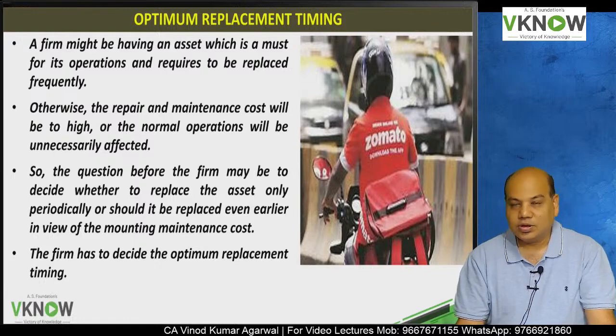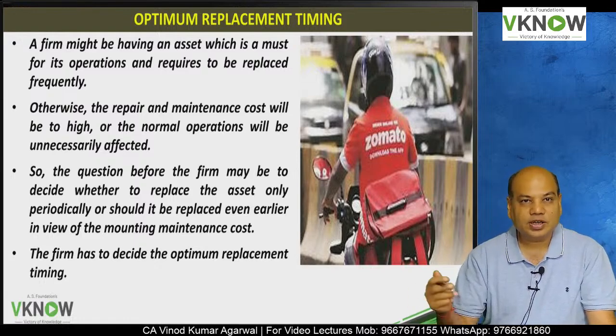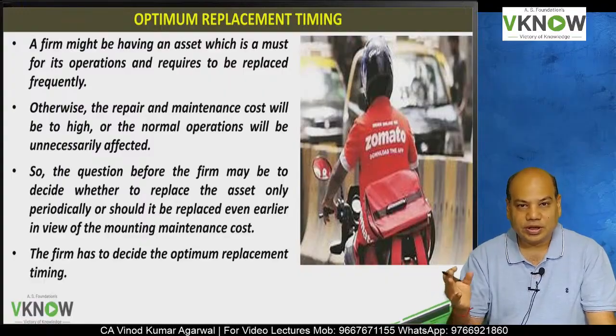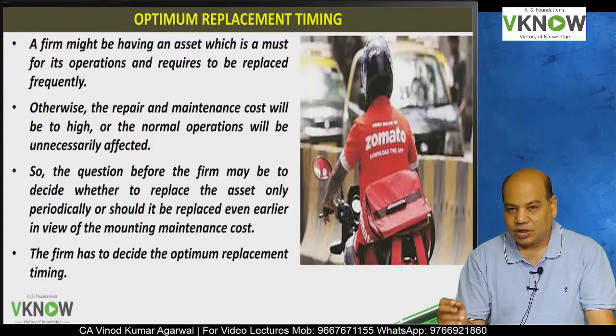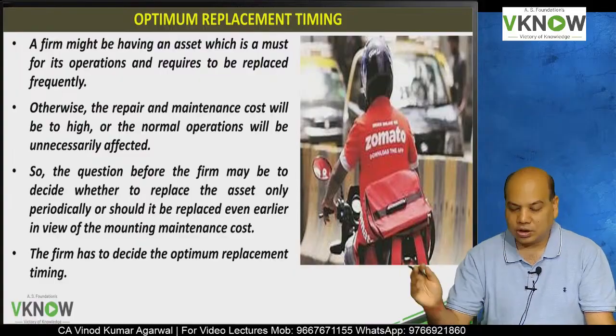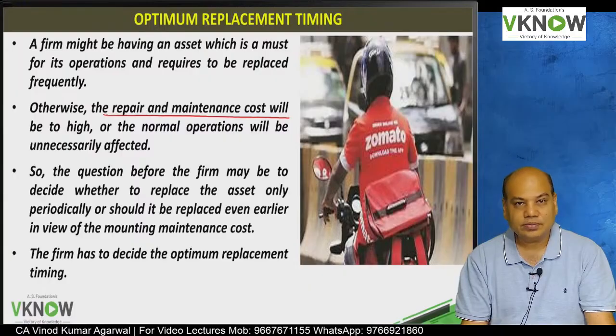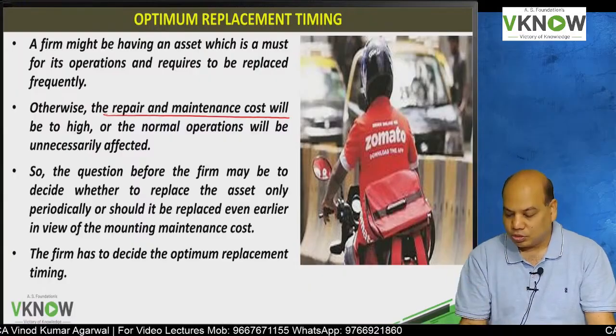Now really speaking, this vehicle can be used for 20 years also, 15 years also, 10 years also. But what happens if you use it for a longer period? The repair and maintenance will start increasing.